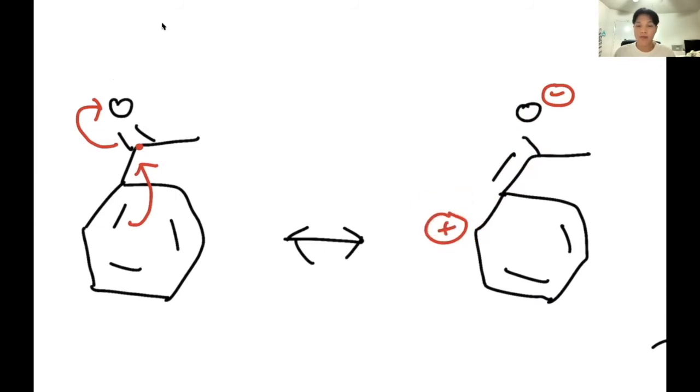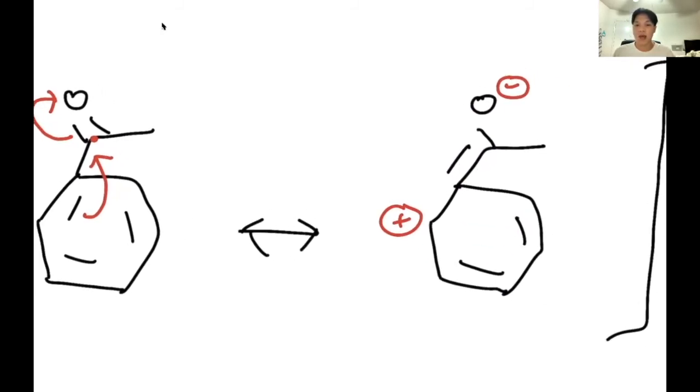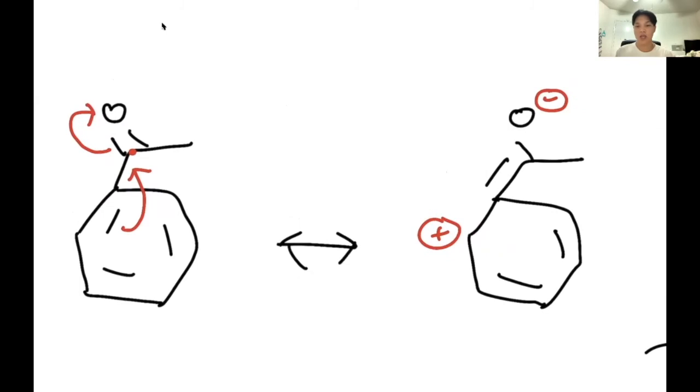That's really bad because, one, this double bond ring is not nucleophilic at all. That means it's not as nucleophilic as other molecules, which means it's going to react slowly. But now, once you add this positive charge, it's not even going to attack something. It's going to be attacked, right?